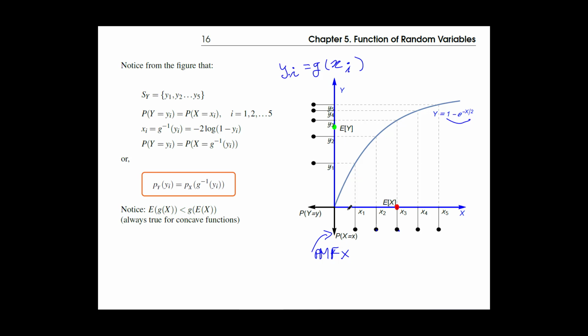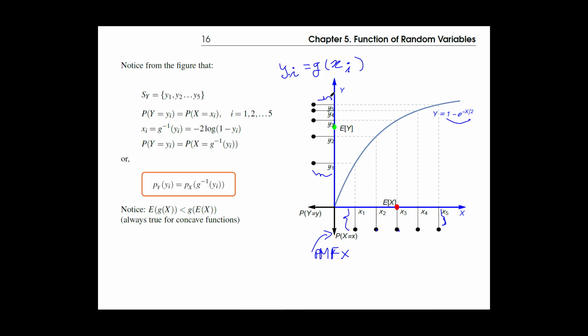So this height right here is the same as this height right here. Now, these are all the same height, so it's going to be true for all of them. But if they were different, like this height right here for x5 is the same as this one right here, right?